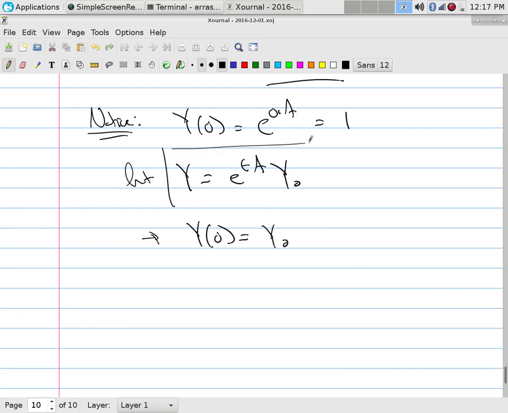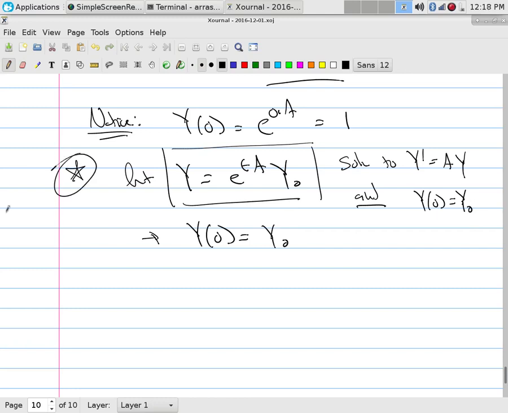So this is a solution to y prime equals ay, and the initial value y0 equals y0. So this guy is the universal solution. It's the exact specific solution.